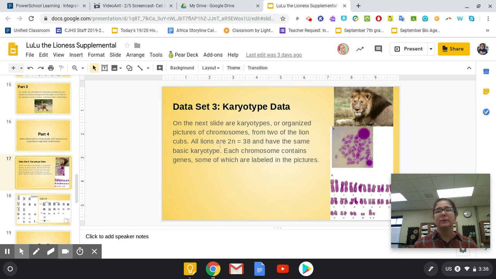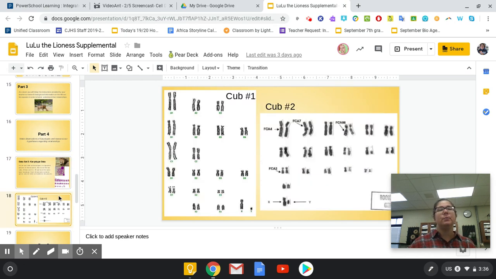But chromosomes, in all cases, contain sections of DNA that code for specific traits, and those are referred to as genes. Here's a picture that you will be looking at for part 4. You're going to be making observations. Always focus on patterns. And then you'll see that it has different genes identified.